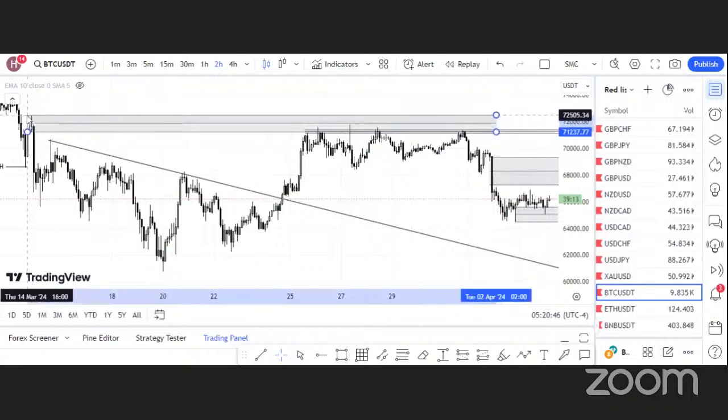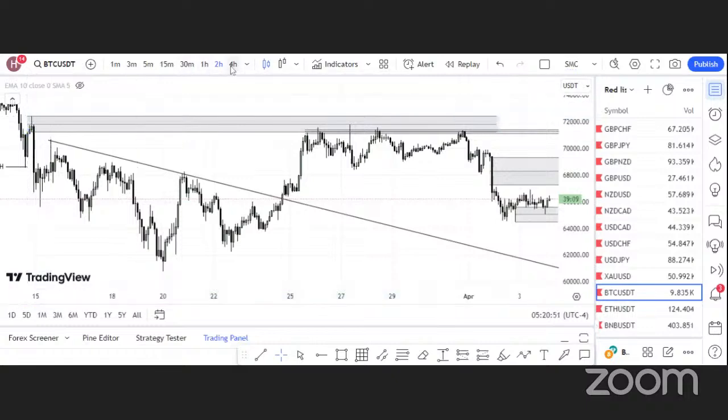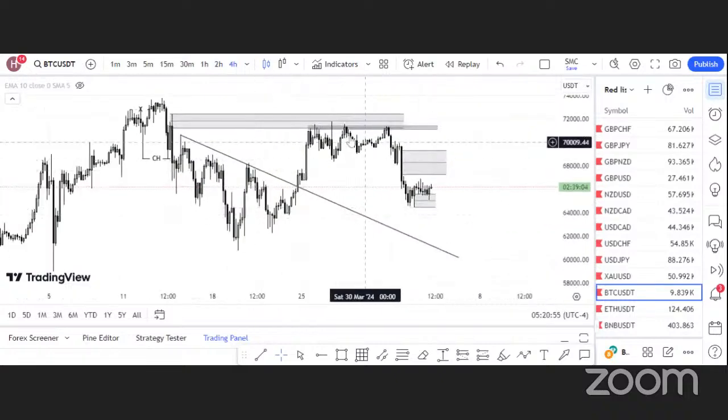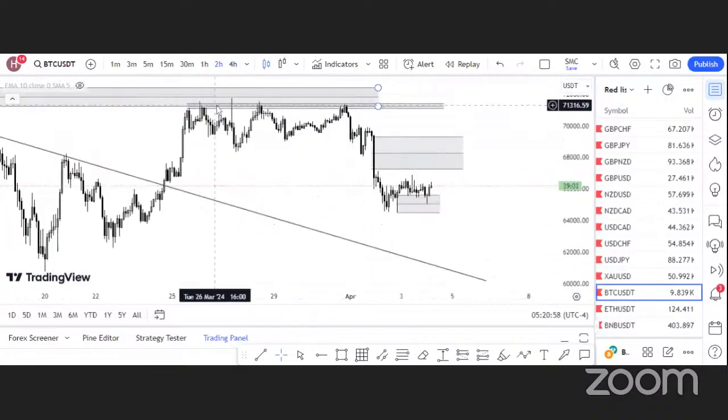So when the market got into this zone, see, the market started moving to the downside.